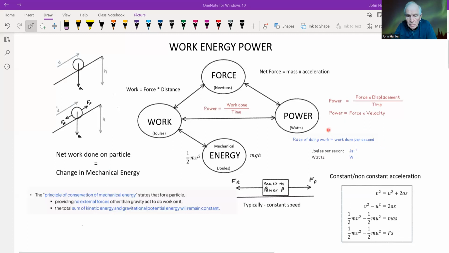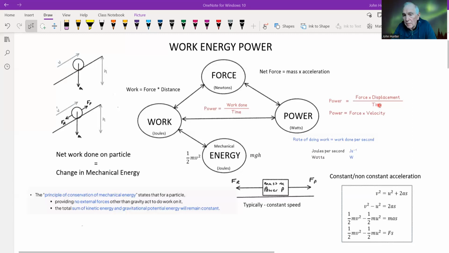Right, so now the rate of doing work might be of interest, but generally speaking, what we're more interested in is this: if power is work divided by time, joules per second, for instance, then work is force times displacement.